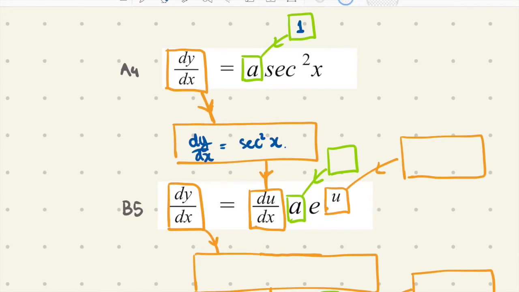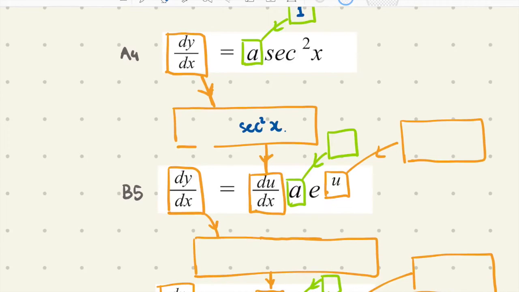Sorry, I think I'm not supposed to call it dy dx. It is secant square x, because dy dx for formula A4 becomes du dx for formula B5, which means we already know the value of du dx in formula B5.